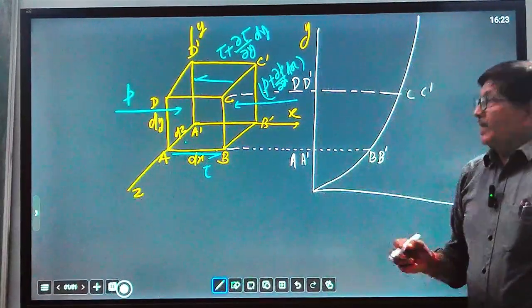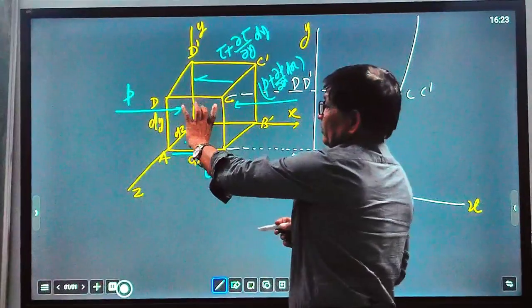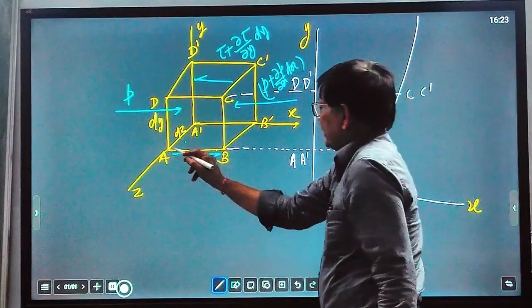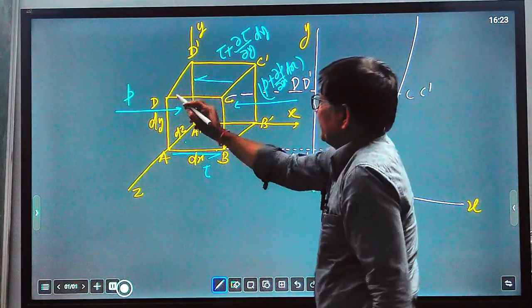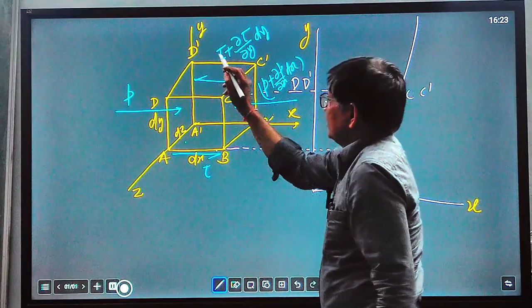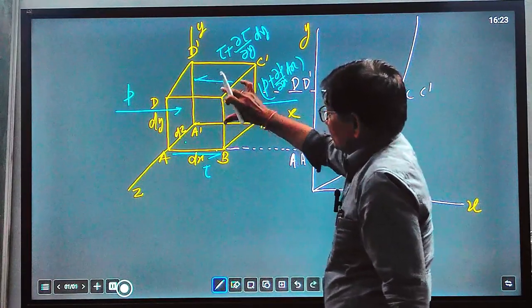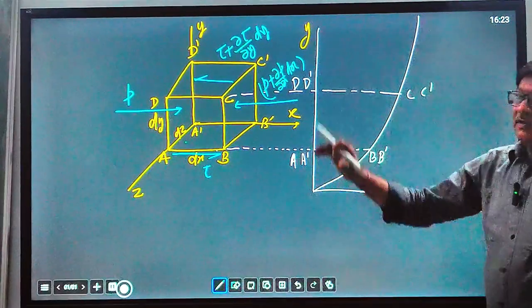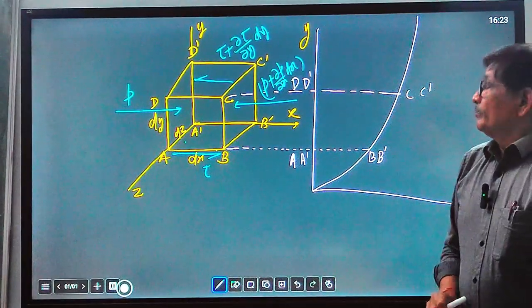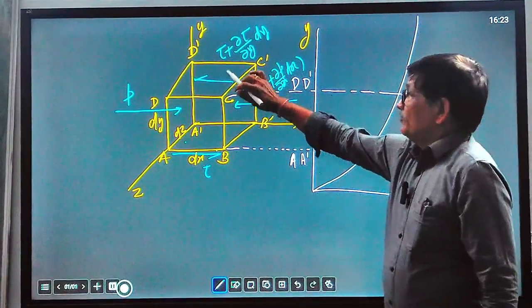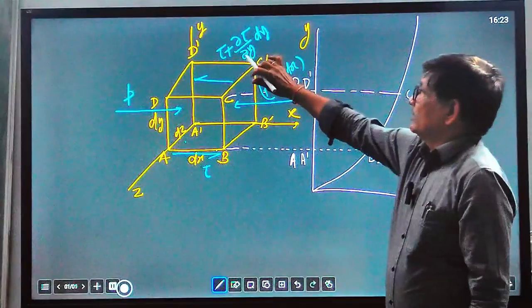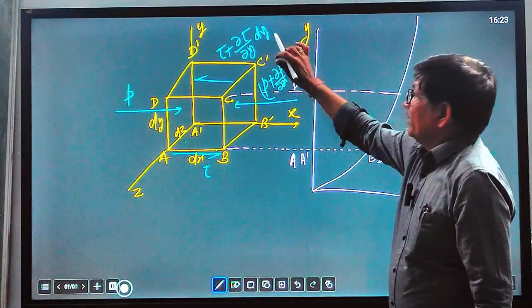There is a difference of dy between the layer A, B, A dash and the layer D, C, D dash, so it is a function of del y. The shear stress at the upper surface will be tau plus del tau by del y dy.